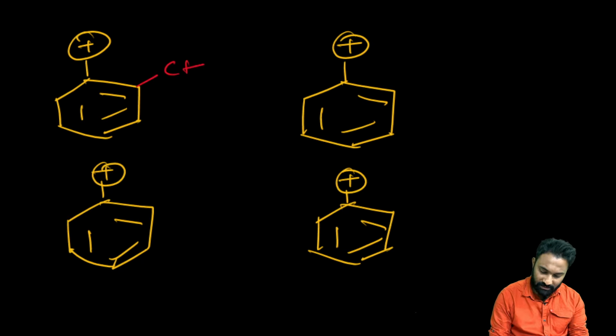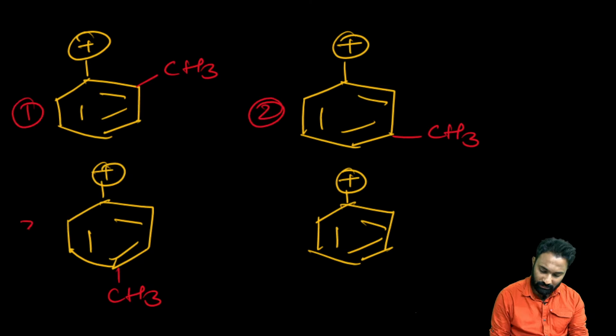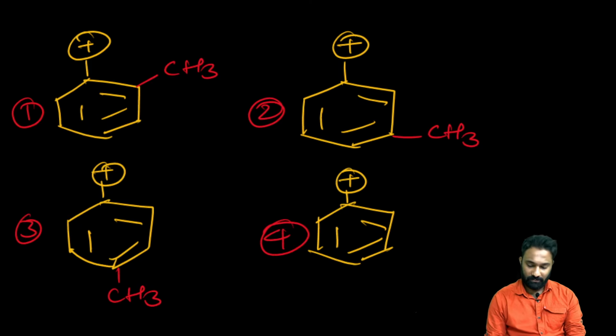Here the ortho position CH3, meta position CH3, para position CH3, and normal. 1, 2, 3, 4. Among the 1, 2, 3, 4, which is a more stable carbocation?